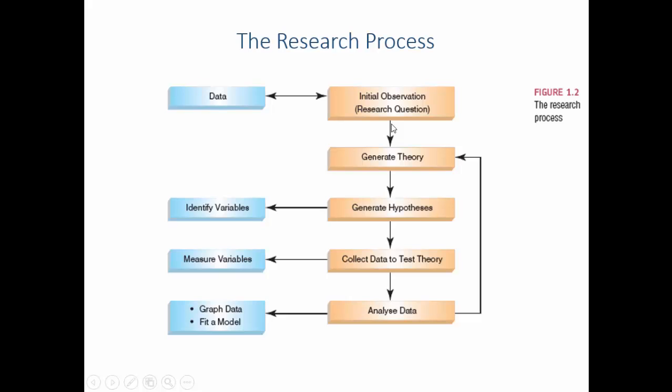From that initial observation, you might generate a theory. It might be too early to generate a theory, but we'll say that you're gonna come up with an explanation for that behavior that you observed. So animal behaviorists observed this xenophobia, and they wanted to come up with an explanation of why they exhibit that xenophobia.